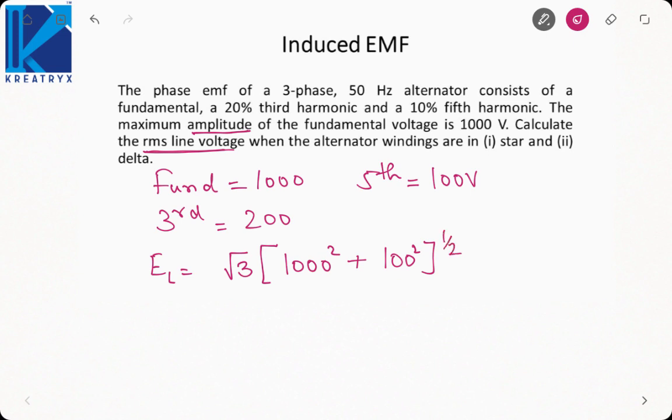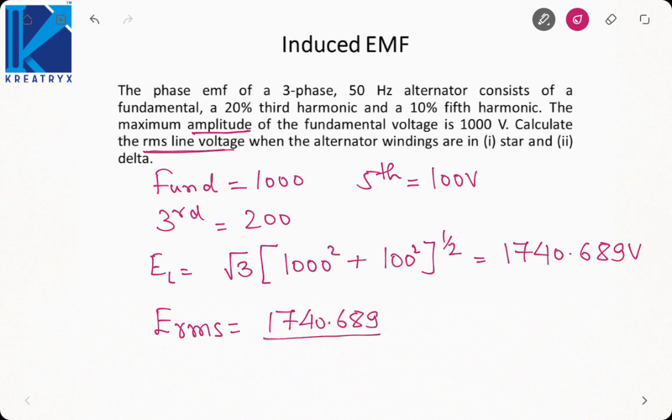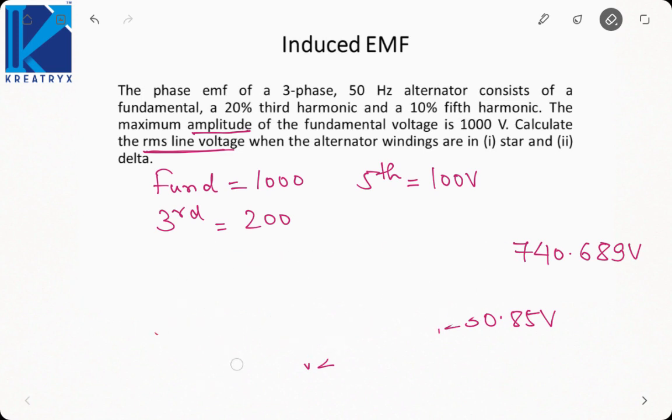Because in line voltage, third harmonic will not be present. So how much will it come out to be? 1740.689. But remember, this is amplitude. So the RMS value will be 1740.689 divided by under root of 2, which will turn it to 1230.85 volt.